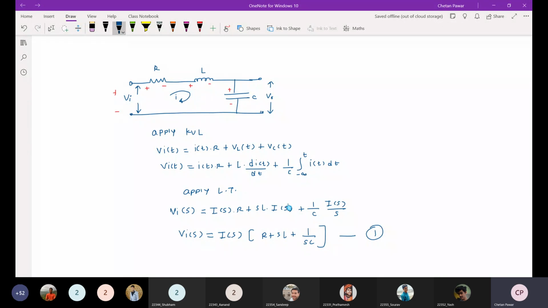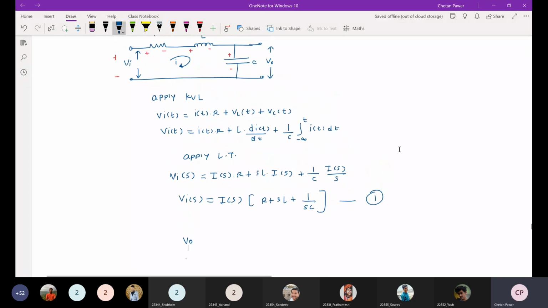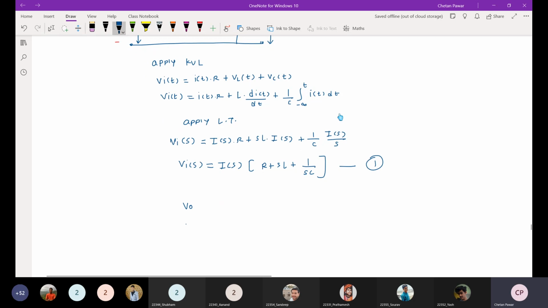So what is V naught of S? That is the voltage across the capacitor, the current flowing through the capacitor into its impedance. So V naught of t will be Vc of t only. And what is Vc of t? 1 by C integration from minus infinity to t of I of t dt.